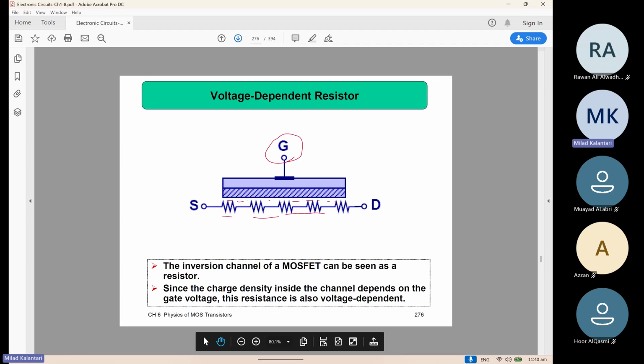If you increase the voltage more at the gate, you are bringing more positive charge here and more negative charge here, right? So you have more free electrons here, so the resistance of the channel will be less.